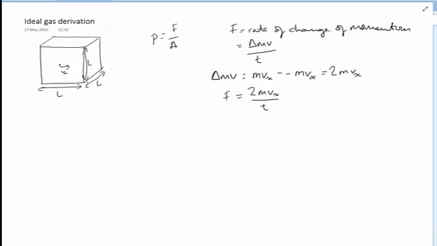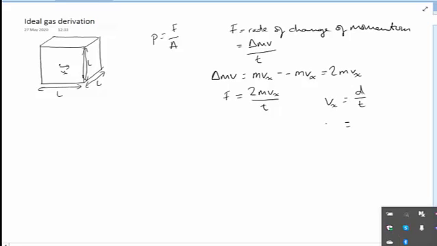So the next thing is, what is that value of t? Now we know that velocity is equal to distance divided by time. Now the distance that we're travelling in this case in between collisions with that wall is going to be there and back again, so it's going to be twice L. So Vx is equal to 2L over t, and therefore if we rearrange that, t is equal to 2L over Vx.